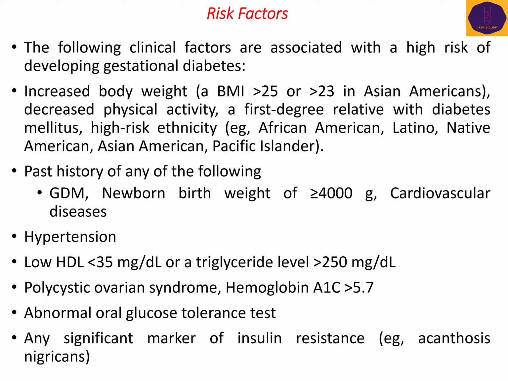Sorry, it's not acetylated, but glycated. That means hemoglobin packed with glucose; abnormal oral glucose tolerance test; any significant marker of insulin resistance, such as acanthosis nigricans. Acanthosis nigricans is basically a skin condition characterized by dark patches in body folds.